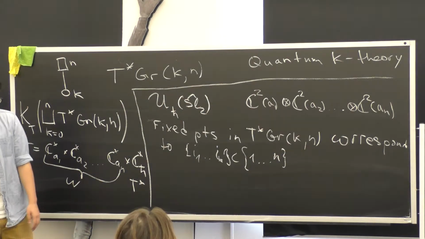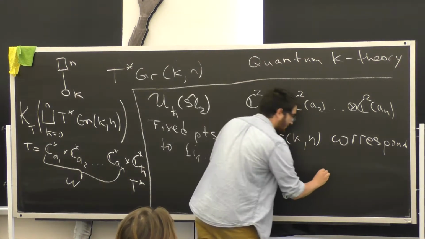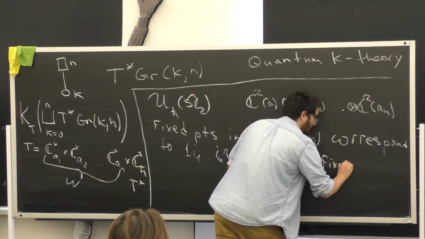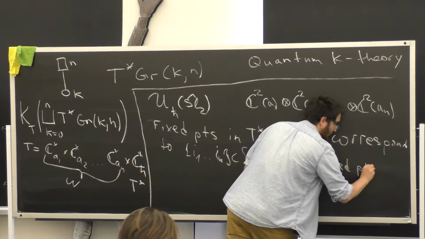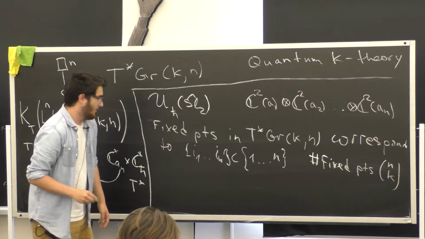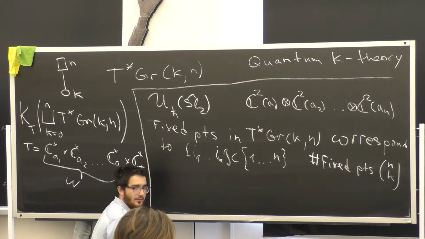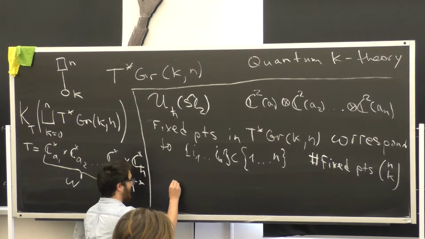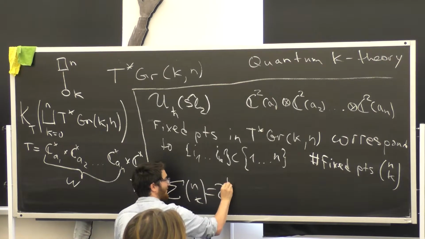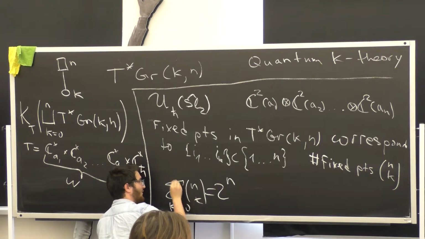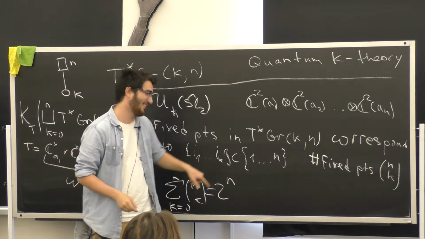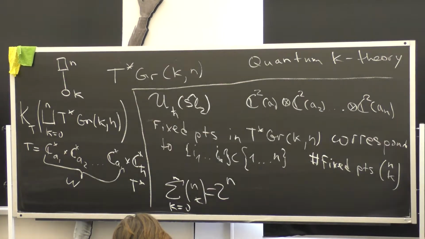In particular, there are exactly n choose k of them. And I'll write this formula low enough so that it doesn't go to the whole audience: the sum of n choose k, from k equals 0 to n, is equal to 2 to the n, which is good. 2 to the n, 2 to the n. That's good.